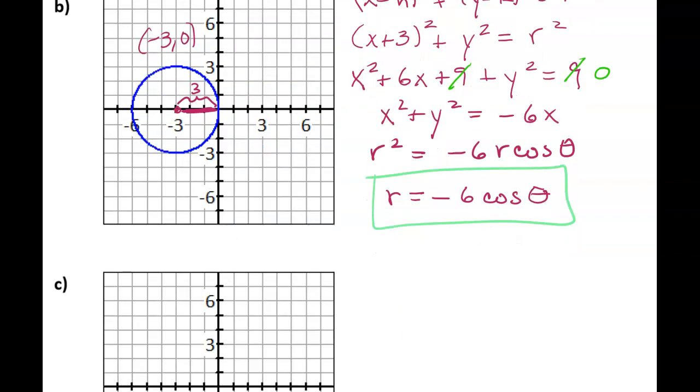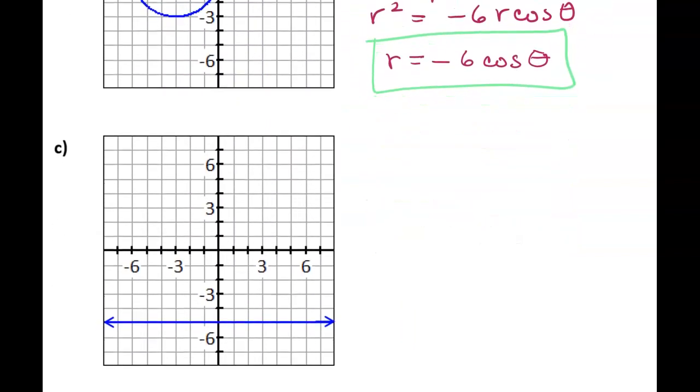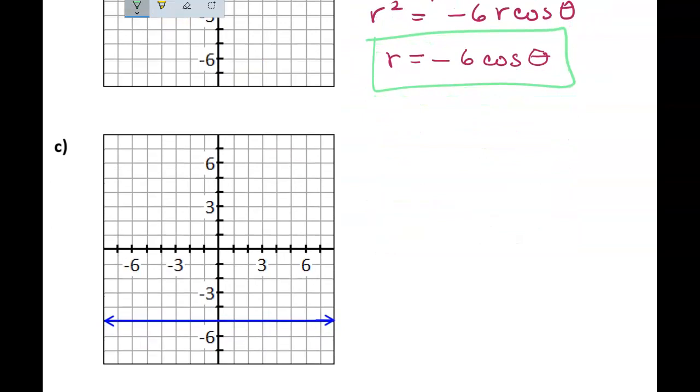In C, we have another line, but this is a very special line. It is a horizontal line, and all the points on this line have the exact same y-coordinate. All the y-coordinates are -5, and y can be replaced with r times the sine of theta.